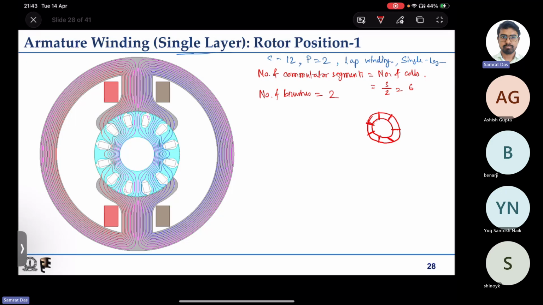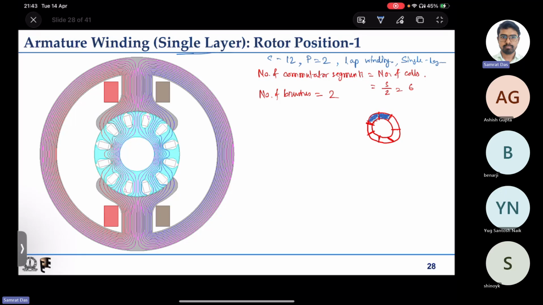This whole blue shaded part is made up of copper, and this blue part with respect to the next blue part is insulated, with some mica or something in between these two segments.